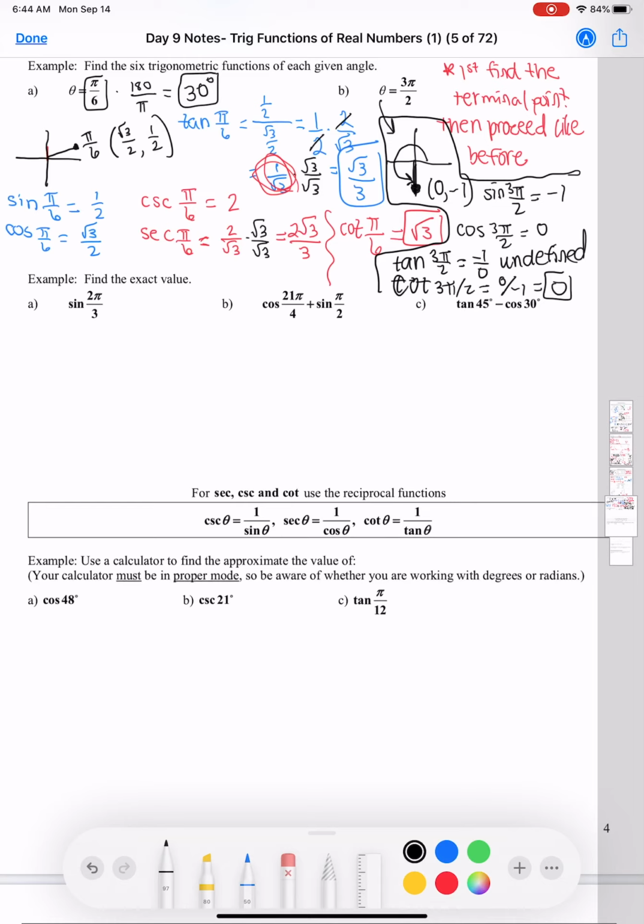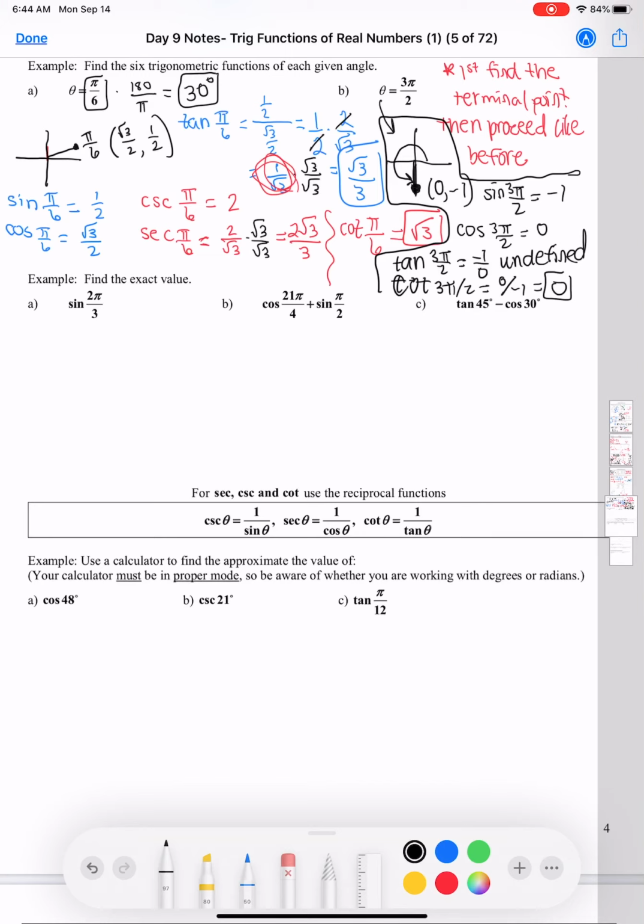Okay, so we're going to go ahead and find the exact values of A, B, and C. Notice now we're going to introduce maybe adding and subtracting these values, okay? So sine of 2π/3, we have already been practicing finding values like that.